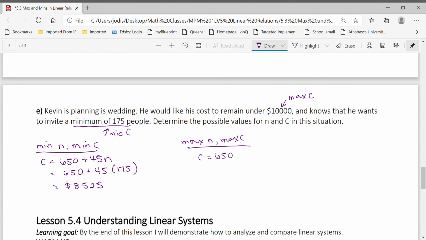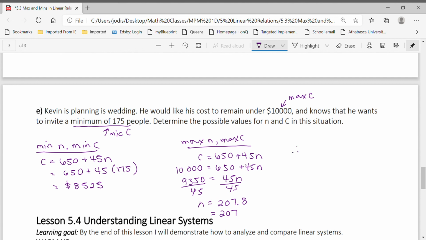So we've still got our equation, but now if he wants to spend a max of $10,000, right, if we subtract over here, that's 10,000 minus 650, we get 9,350, and then divide both sides by 45, and that gives us 207.8, but again, we can't have 0.8 of a person, so just 207 people.